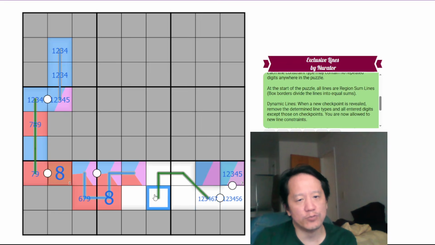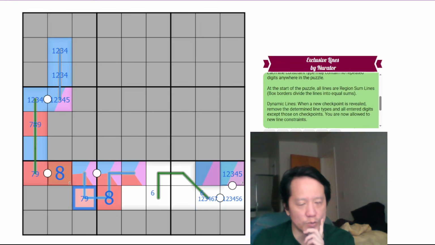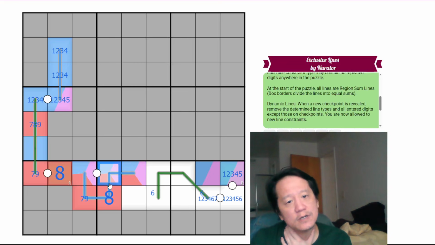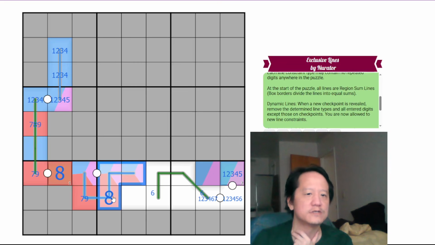So 6 has to be one of these two, which means this can't be 6, it's 7 or 9. That means the remaining digit on this region sum line must include a 6. And these digits are consecutive by 1. So 6 has to be one of these 3. If we had 6 here, that's already 6 and 8 on this side.